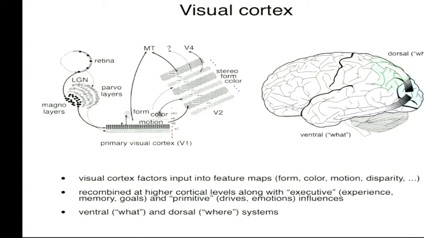So the last thing about the physiology is that the processing in the visual cortex also gets split into two main streams that go into higher parts of the cortex. There's the ventral pathway, which goes down the side of your brain here, and that is generally thought to be involved with detection and identification, and connection to memory, right? And it's generally called the what system.